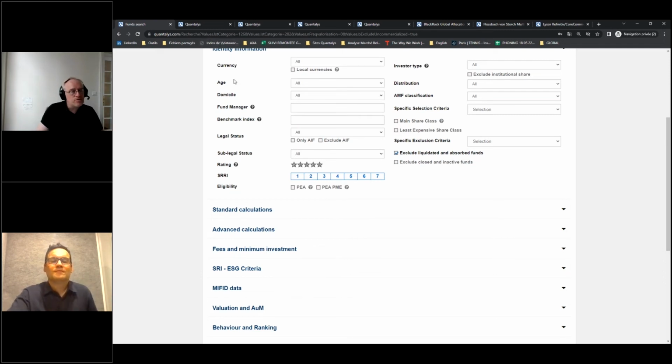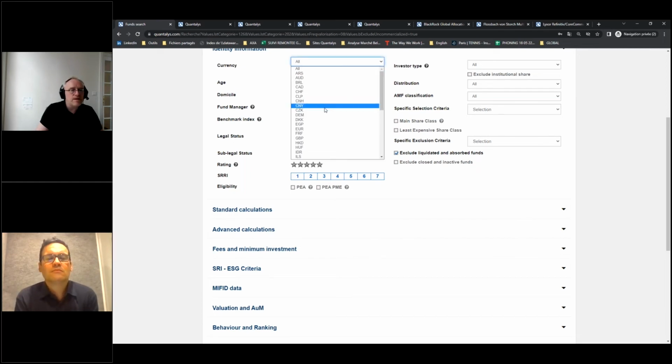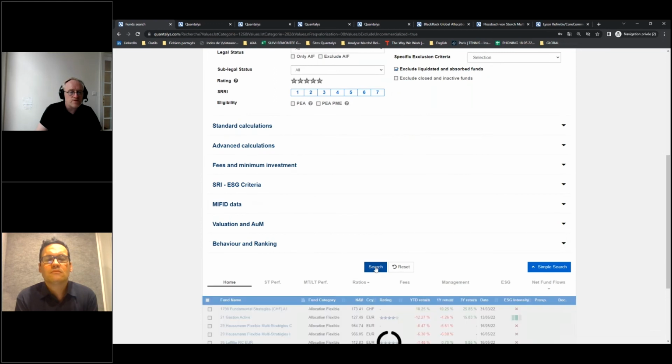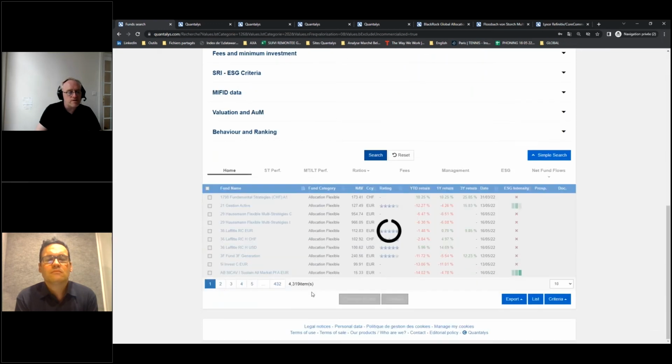So I'm going to shorten the search using the currency and focusing on euro funds and main share classes. So if I make a new search, I will go from 4,300 to much less. I don't remember.